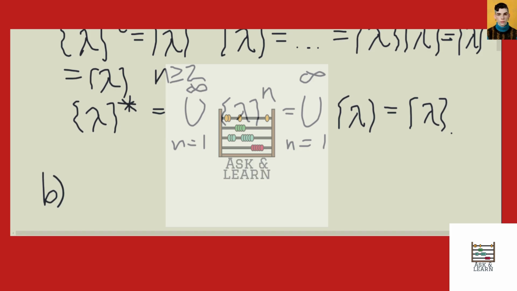Now in part B, we're asked to prove that the Kleene enclosure of the Kleene enclosure of a set of strings A is the Kleene enclosure of the set of strings A again, for any set of strings A. So let A be a set of strings.